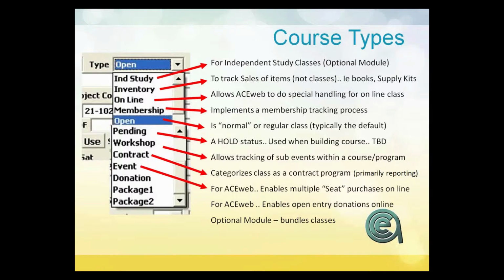But on ACEware, defining a class as an event would allow you to let students purchase multiple tickets to a class. And what that typically falls into are things like a reception or a gala celebration where you're selling a $10 ticket to a wine and cheese social.